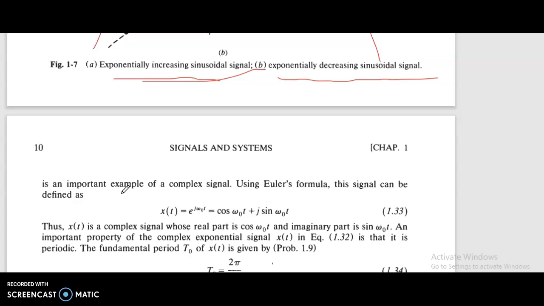Using Euler's formula, this signal can be defined as x of t equal to e power j omega naught t equal to cos omega naught t plus j sin omega naught t.